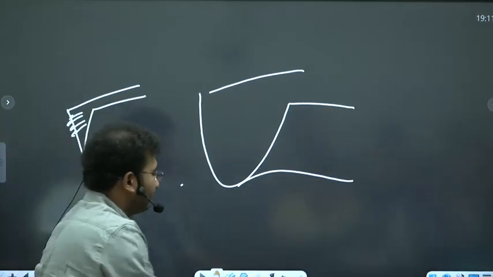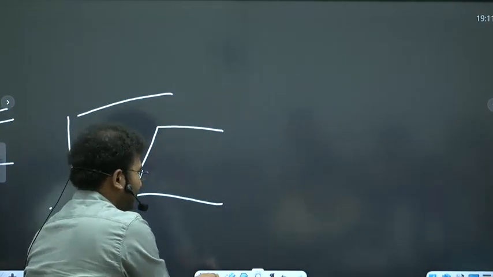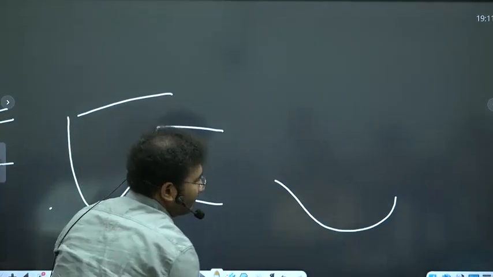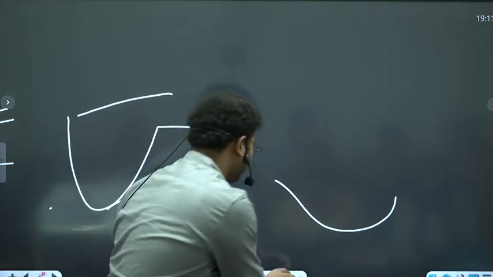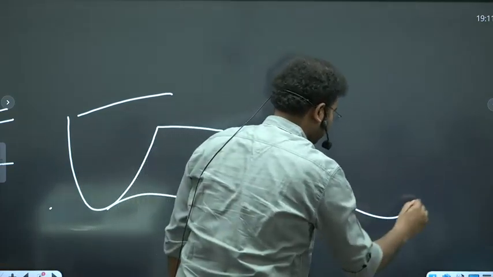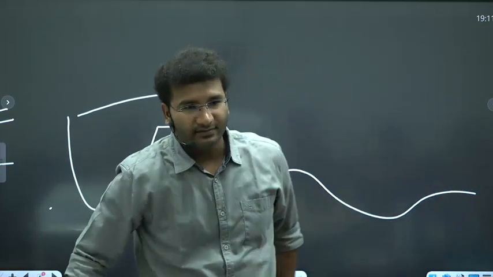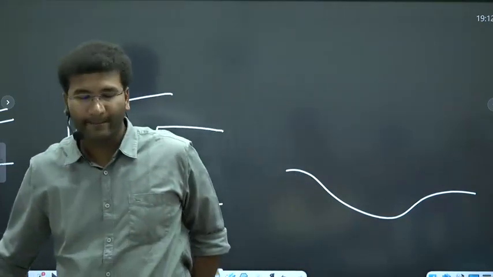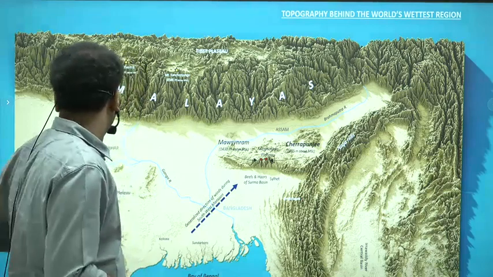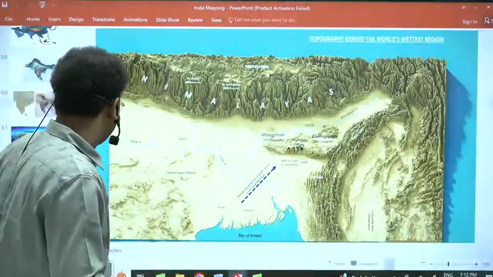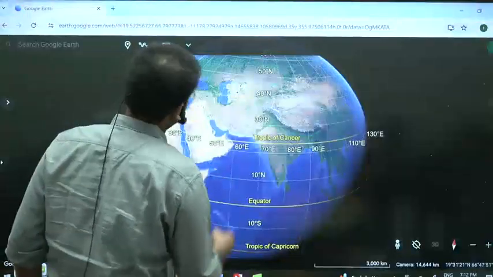Whereas it is V-shaped. A river in the old stages, it will be like this. Okay? Very like this. River is very wide. Look here. No. Lateral cutting. Tomorrow I'll explain.